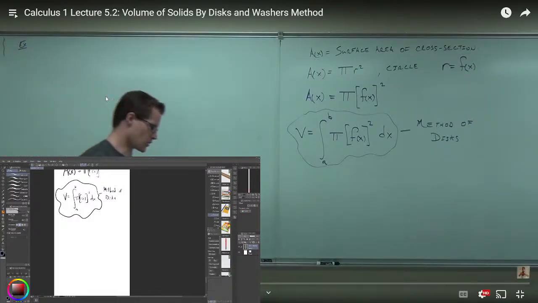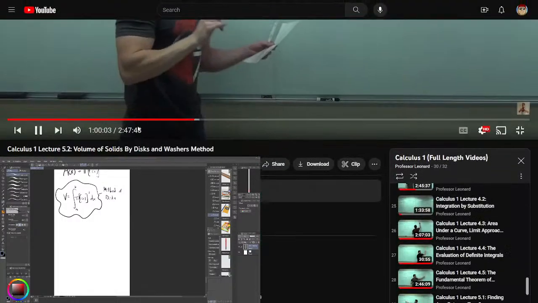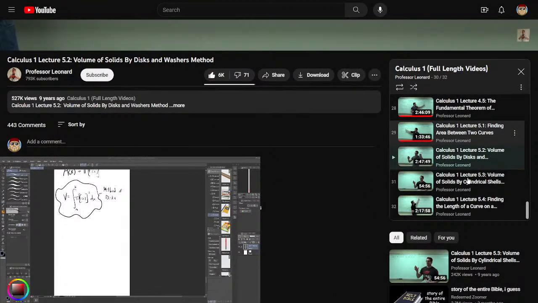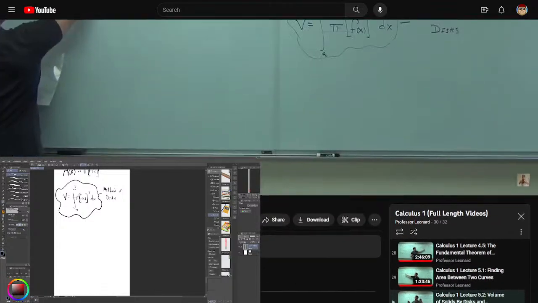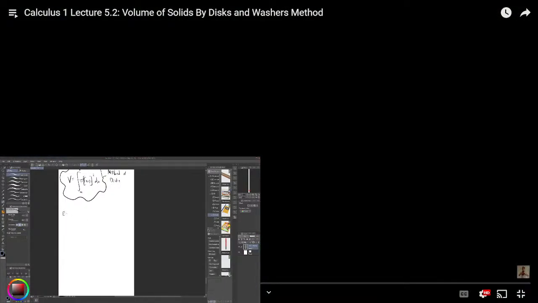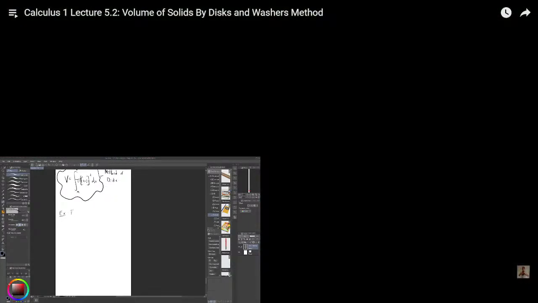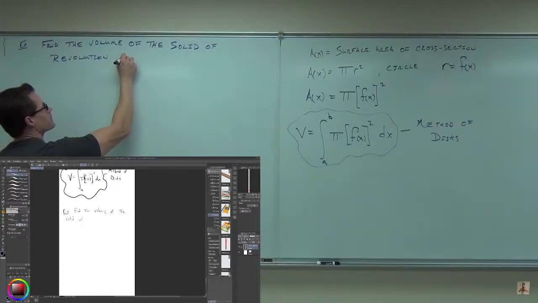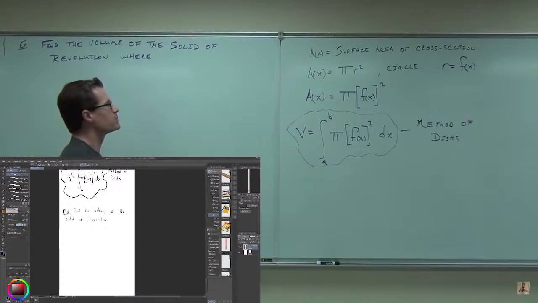And here's how some of these things are worded. Find the volume of the solid of revolution where I'm going to give you some function.